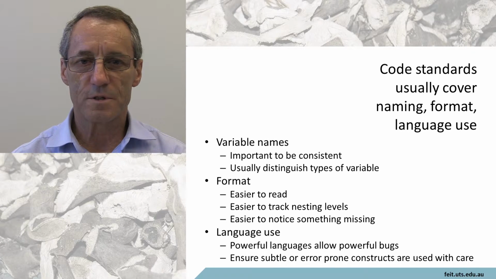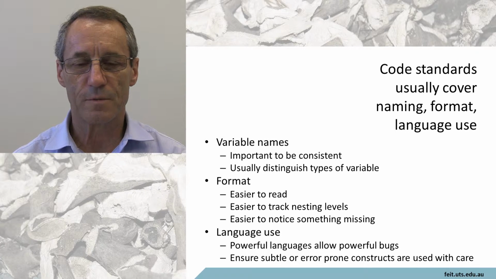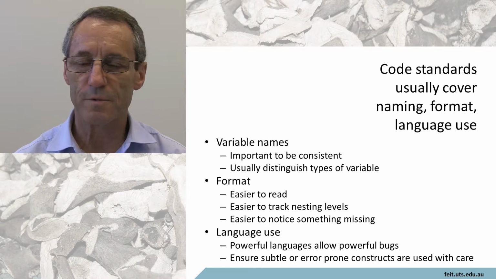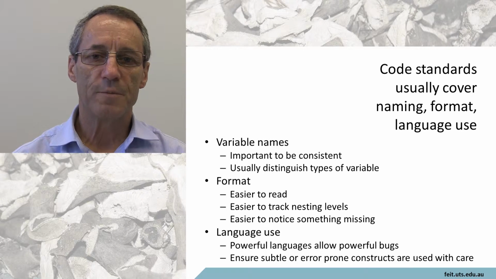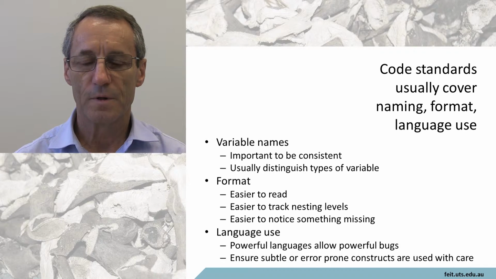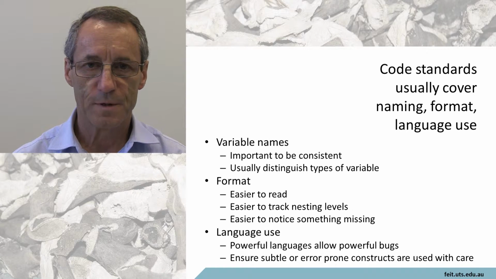Aside from that, there are conventions about what has uppercase letters and lowercase letters, depending whether it's, say, a class or an object or a function or a label or something of that nature. So naming conventions are something that normally occur in coding standards. You have to decide which naming conventions you're going to adopt.